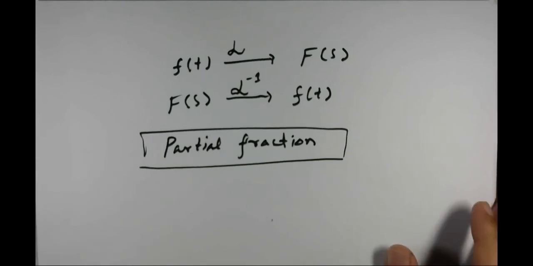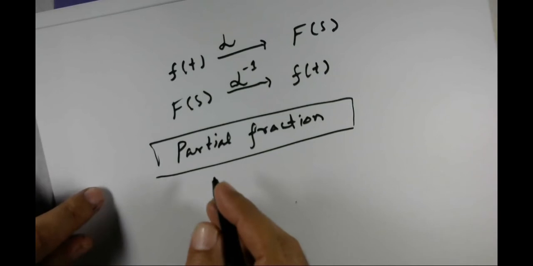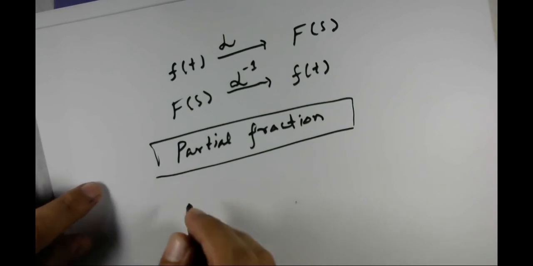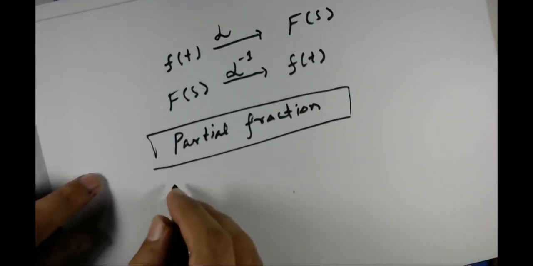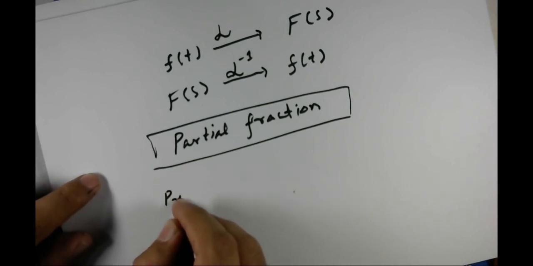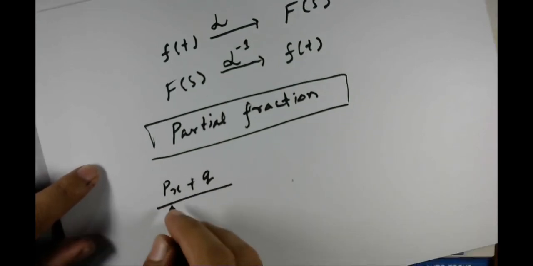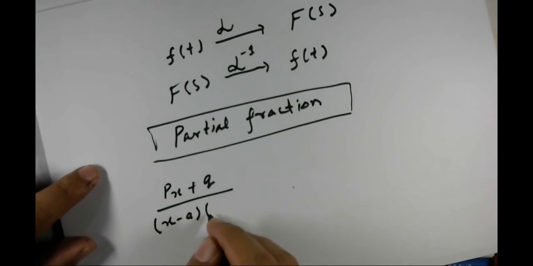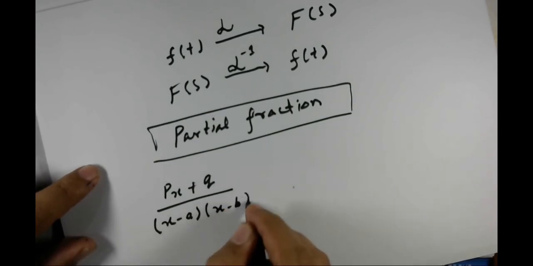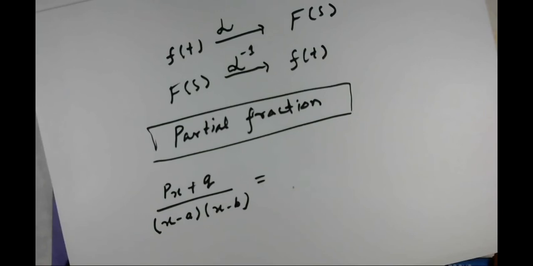If you are given a function, say (px + q) over (x − a)(x − b), I know most of you remember how you find the partial fraction of this.